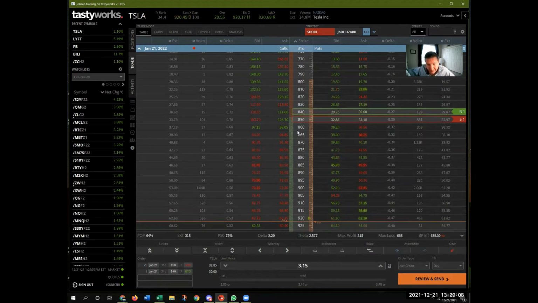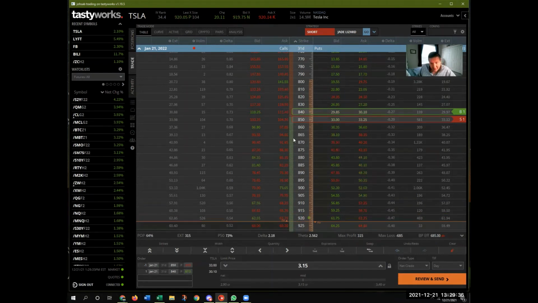That's the credit I received between the two, but my max loss is around 690, 700. My buying power is essentially the max loss in this case, so about 690, 685. So this is a lot easier trade to put on. And then you can see over here the top percentage of profit is 64%.